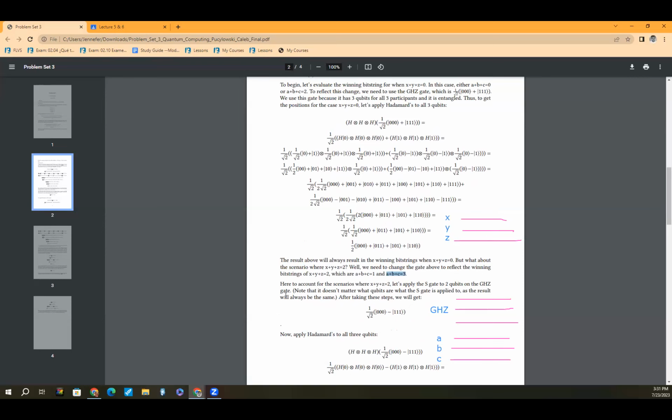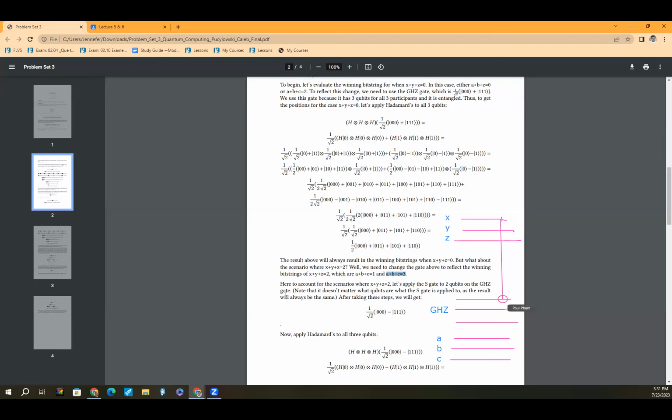I think your key step was the controlled, on one of the bits, or on each of the bits, applying the S gate, the square root of Z gate. I don't remember, was your solution to apply it to the GHZ or some other state?